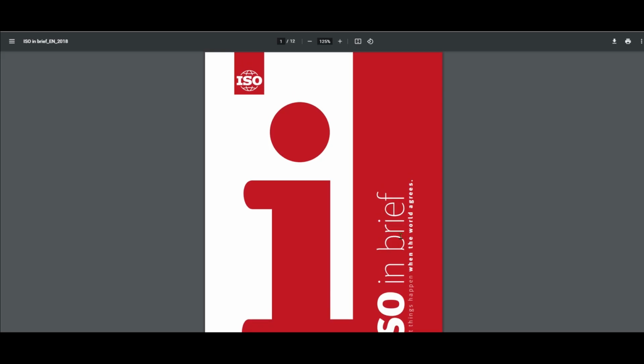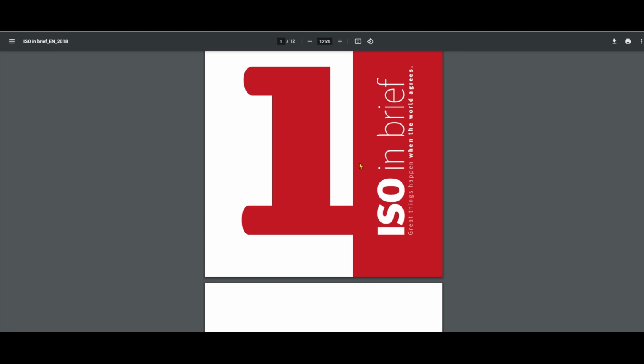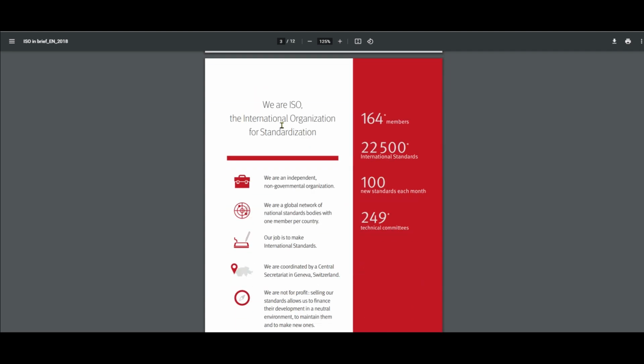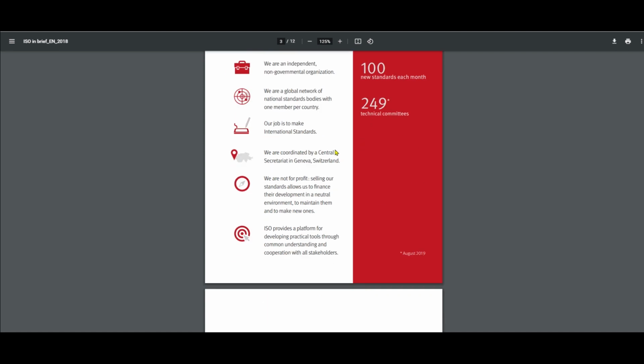I've downloaded this document from iso.org, and it explains what ISO is. This is the document "ISO in brief", and it's from the actual ISO website. We are ISO, the International Organization for Standardization. It is an independent non-governmental organization.